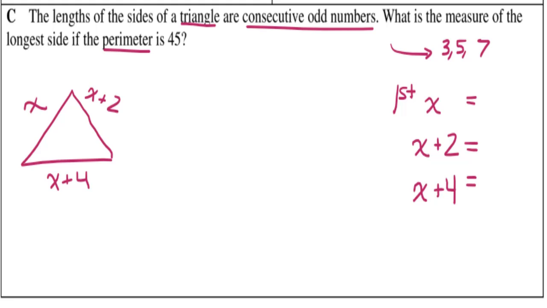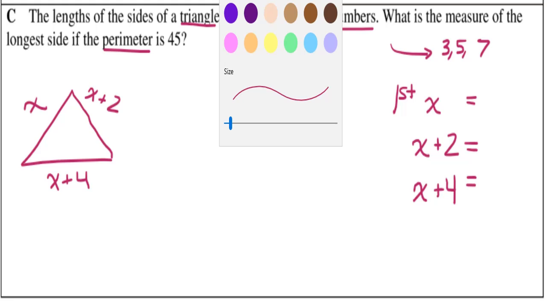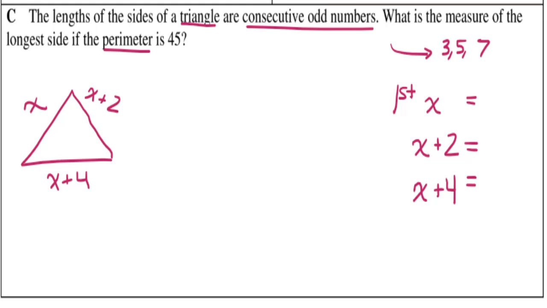So that's going to help me figure out what x equals. So perimeter means I add up all 3 sides. So I'm going to change colors just so I don't get confused with what is written there already. So first side, add the second side, add the third side, and the perimeter is 45. So there we go. And now I'm going to follow my rules for solving equations.